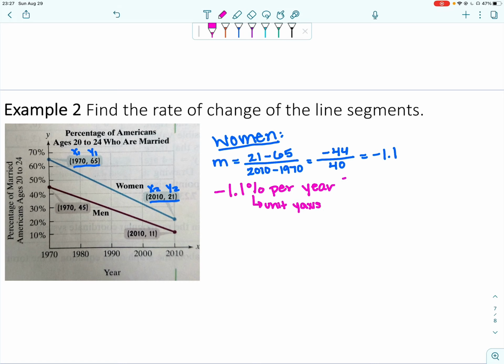And then the year is the unit on the x-axis. So whenever we're doing rate of change, we always want to make sure that we include a unit. And the unit is always going to be the unit for the y-axis per the unit for the x-axis.